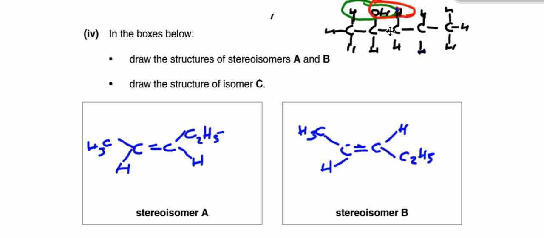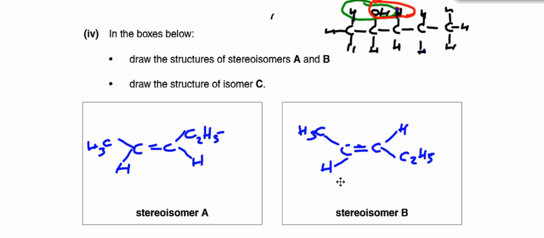That will leave me with a methyl group and a hydrogen on this first carbon, and on this carbon here I'll be left with a hydrogen and an ethyl group, that is C2H5, which will allow me to have these 2 isomers A and B. Here I've got the 2 H's on the same side, so this is cis, they're on the same side. So this is my Z cis isomer, and here I've got my trans E isomer because we're going across, they're going diagonally.